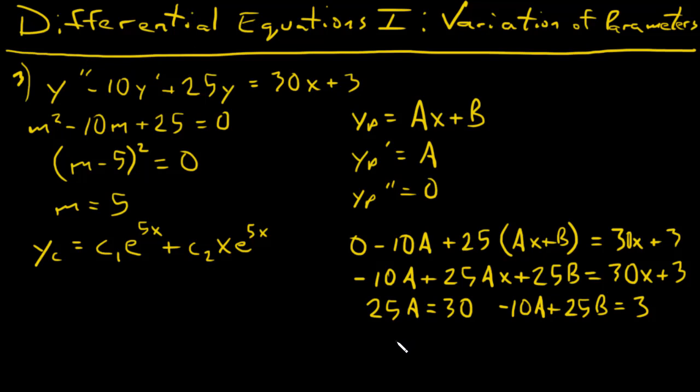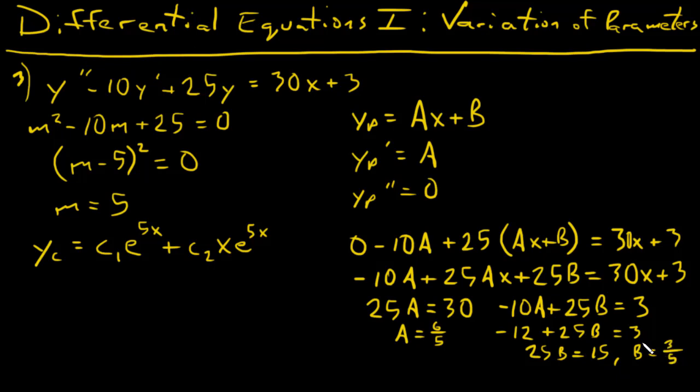That means a is equal to 6/5, and then I plug that in here. I'm going to get negative 12 plus 25b equals 3. Swing that over. I'm going to have 25b equals 15, which means that b is 3/5, something like that.